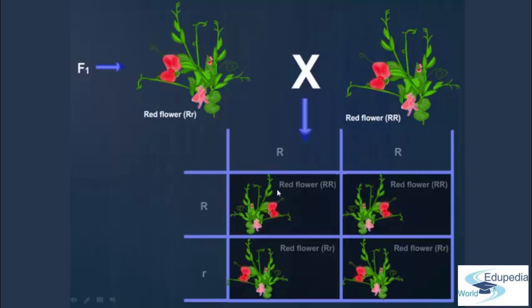It contains red flowers in dominant homozygous form and heterozygous red flowers. In case of backcross, one most important point to note is that no recessive individuals are obtained. So this was all for the backcross.